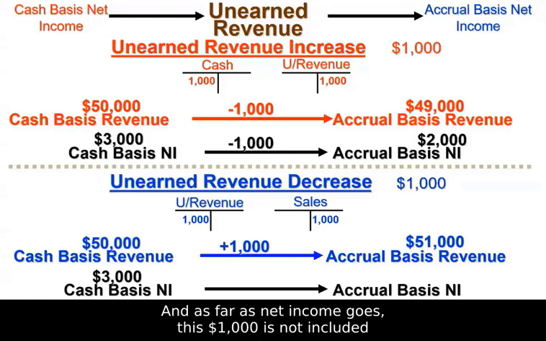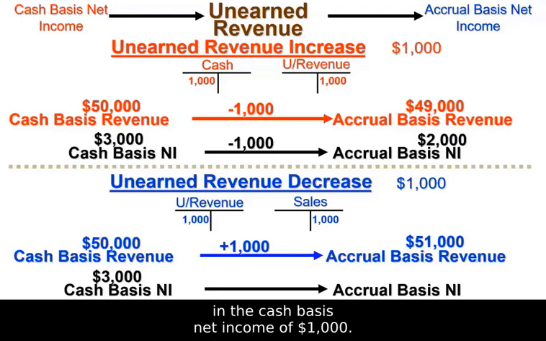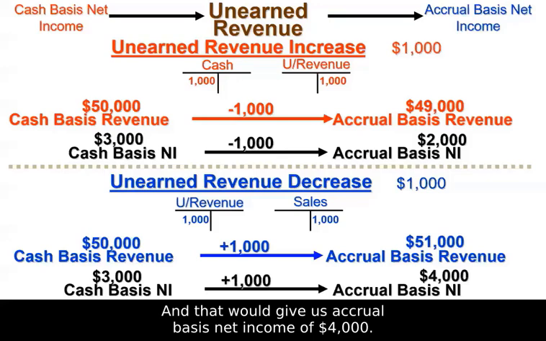And as far as net income goes, this $1,000 is not included in the cash basis net income of $1,000. So we will treat it as an additional revenue to increase our net income. And that would give us accrual basis net income of $4,000.